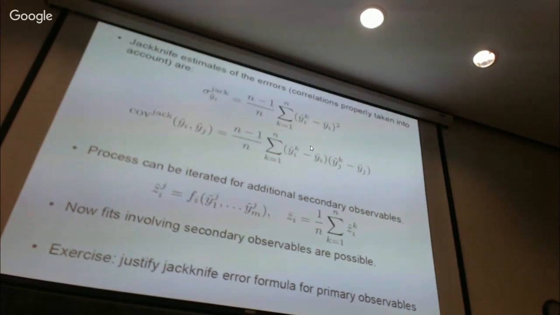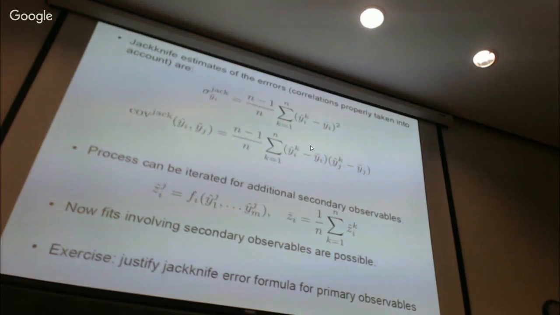If you retain these guys, you can then reconstruct additional secondary observables from them, like I've written here. So what I'm trying to stress is that these jackknife replicas can be passed around so that you can correctly propagate the errors, taking into account all the correlations between these different observables very easily.